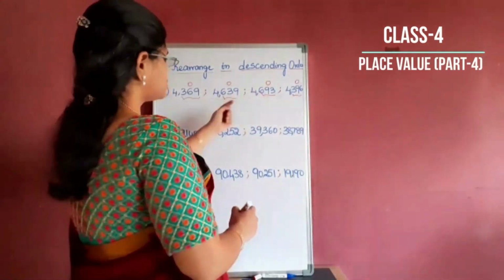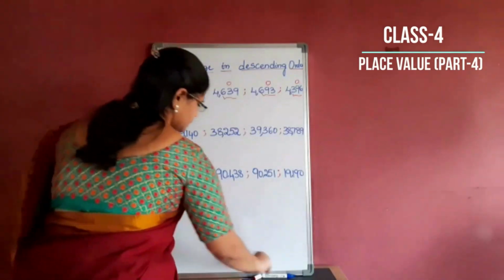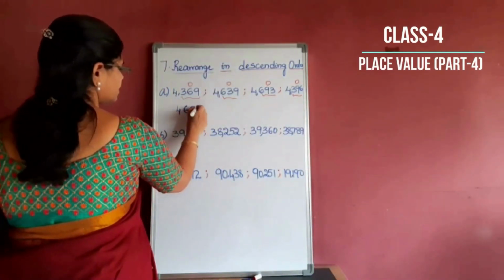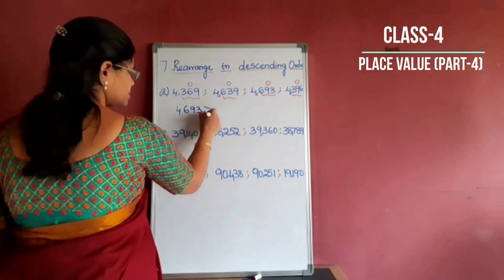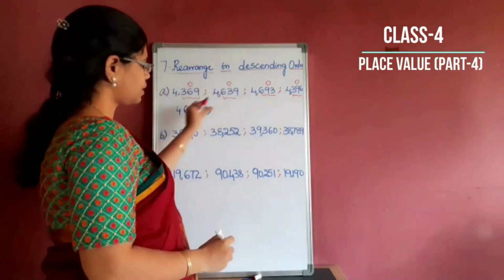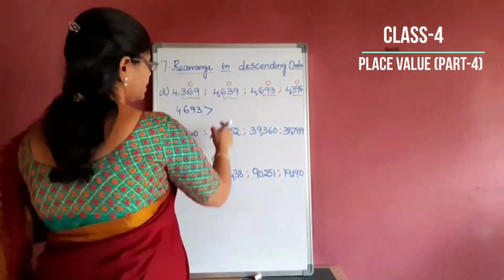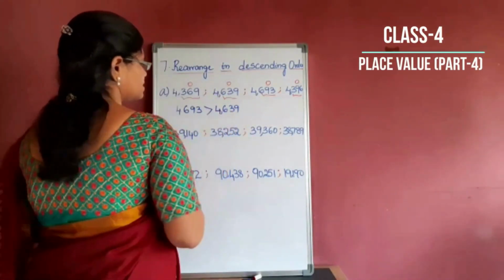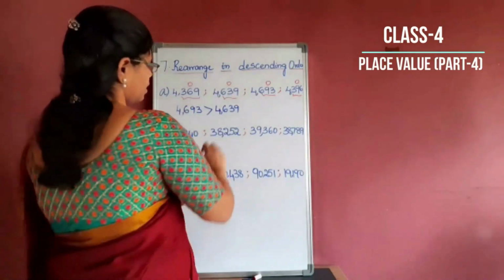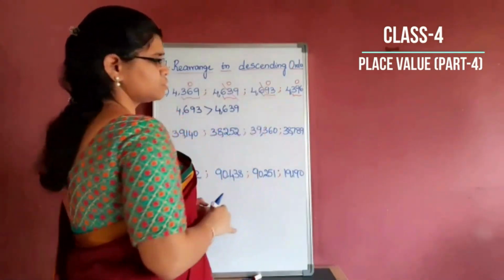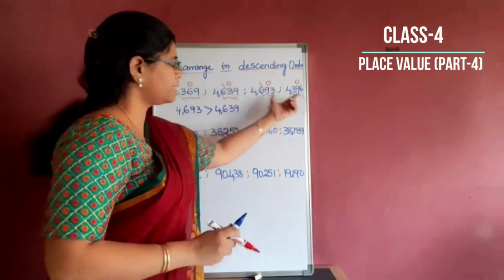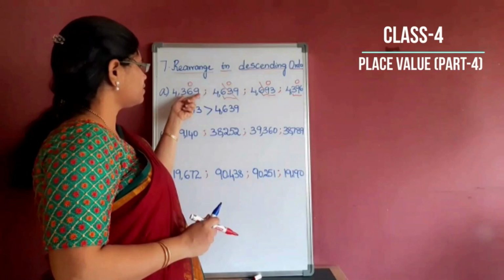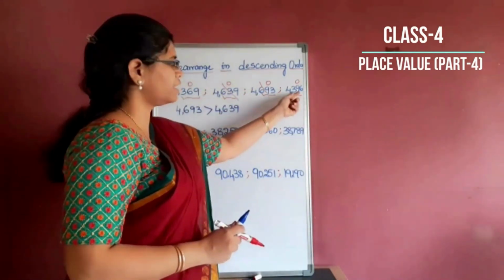Let me write these two numbers first. This is 4,693, the greatest number among the given. So I am putting the greater than symbol. 4,639 stands in the second place. Okay. So let us strike out these two numbers. Now let us compare the first and the last number. 4,369, 4,396.